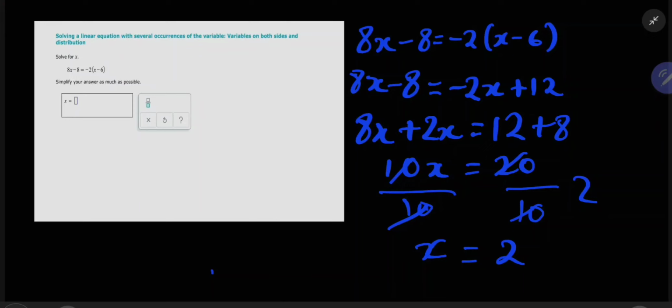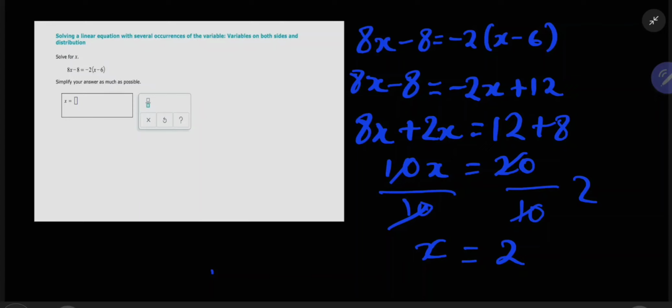So what you would notice in these questions is that you have two different functions on both sides of the equation. And when these two functions are equated, you solve them as a linear function. And your goal in solving this is to find the value of x.